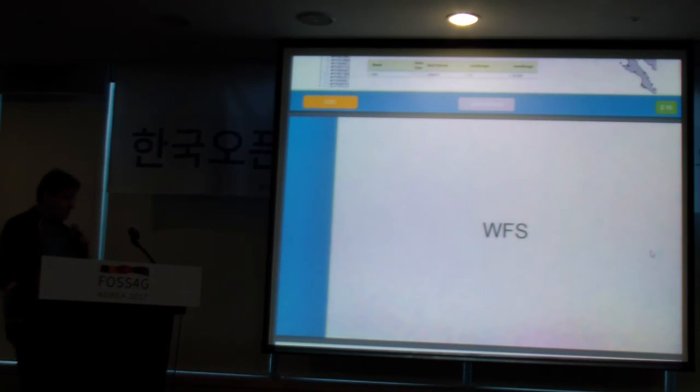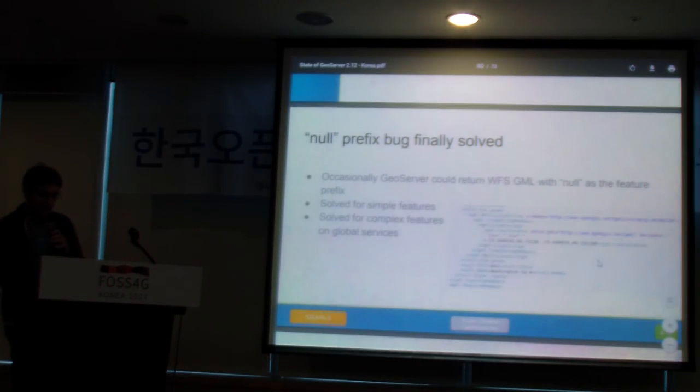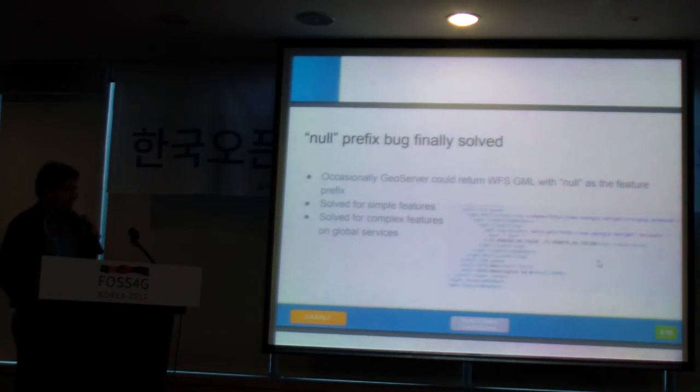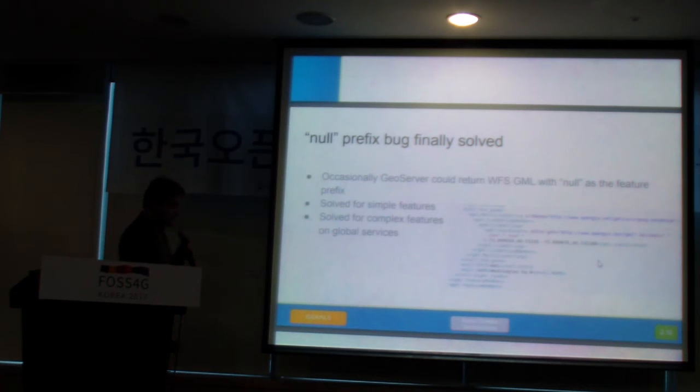We have some news on the WFS side as well. GeoServer has had a long-standing issue which was happening sort of randomly, where there was actually a way to make it happen predictably, but most people were not hitting it, luckily. I'm not sure if anyone has ever hit it.